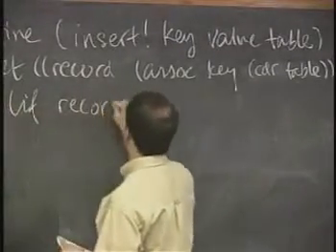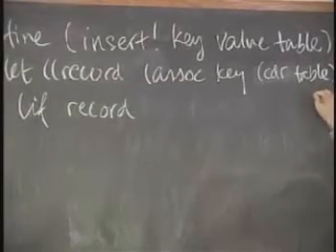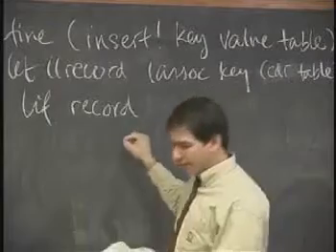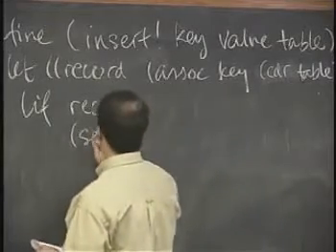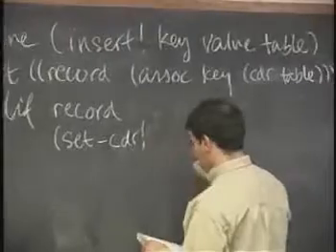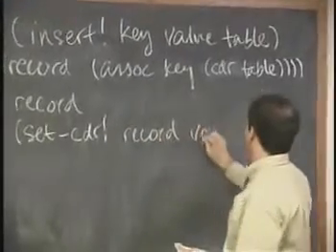If the record is found, we first look up the record using the same mechanism we used before. If the record is found, we want to mutate the contents that are there. So we do set cdr bang record and value.